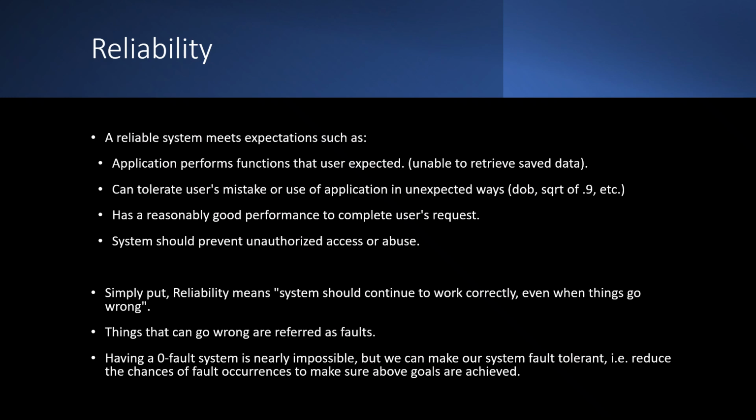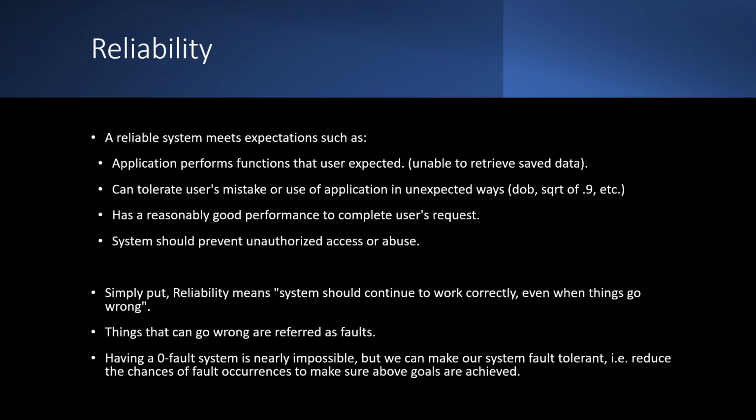Meaning, we anticipate where faults can happen and what we can do to make our system tolerate them, so that even when something goes wrong, our system continues to work decently well. We cannot guarantee a 100% fault tolerant system, as we will see later, but we can try our best to make our system as reliable as possible.